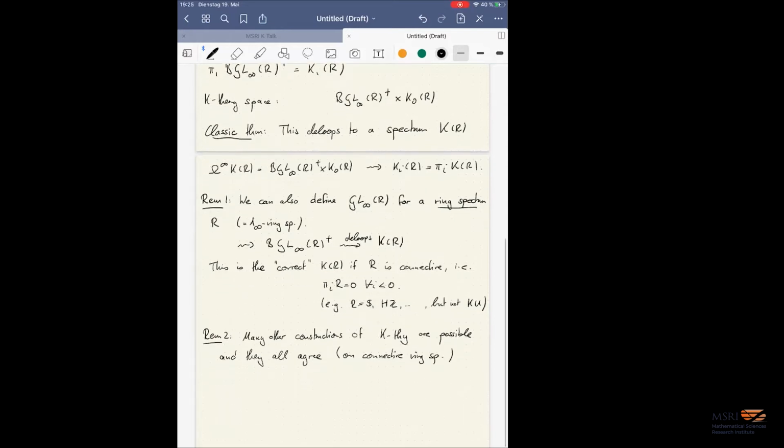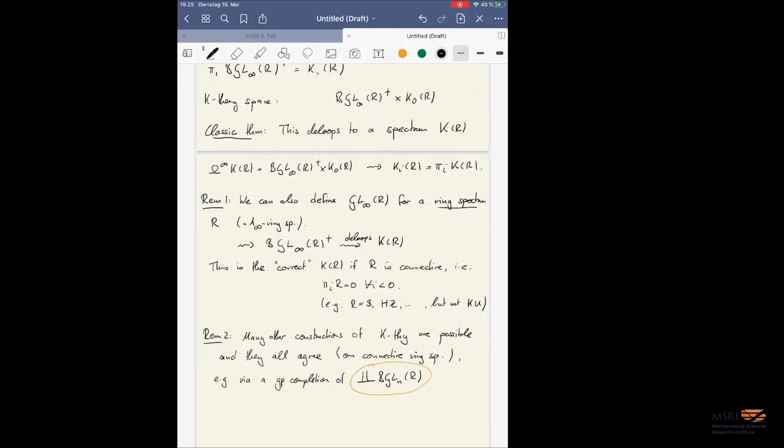For example, one can do it via group completion of BGL n R. This forms a monoid under block sum.